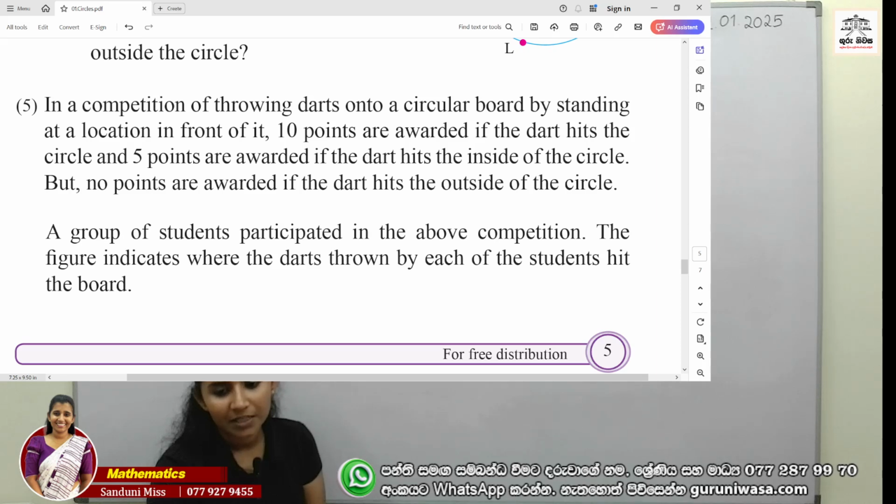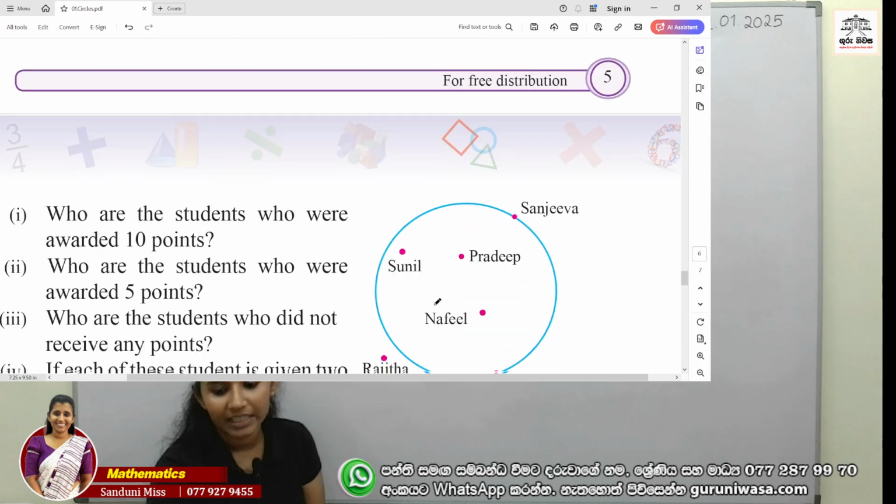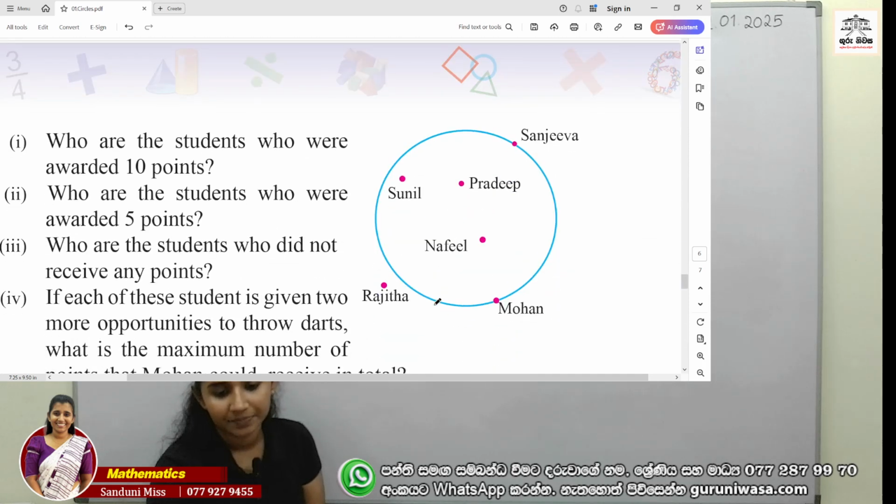No points are awarded if the dart hits the outside of the circle. A group of students participate in the competition. The figure indicates where the darts thrown by each of the students landed.